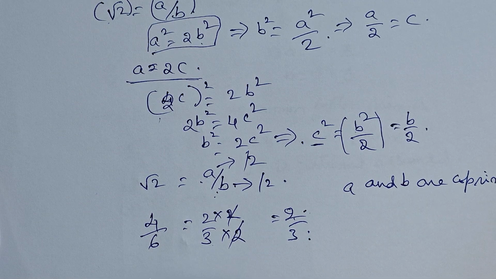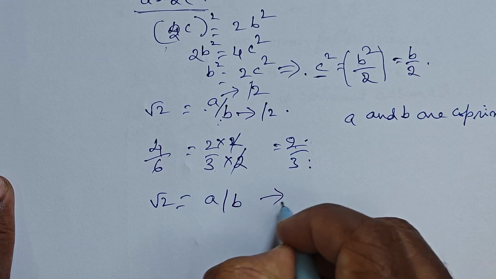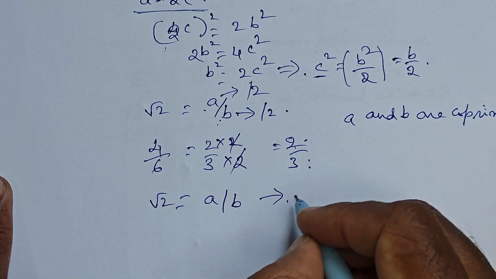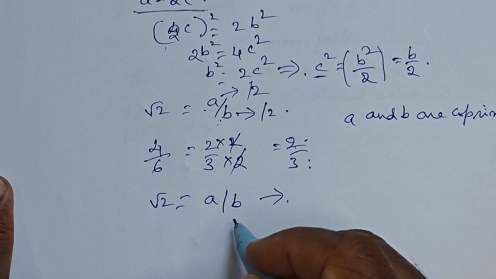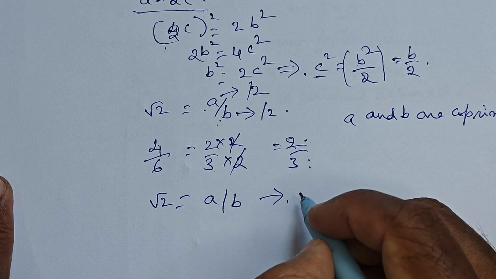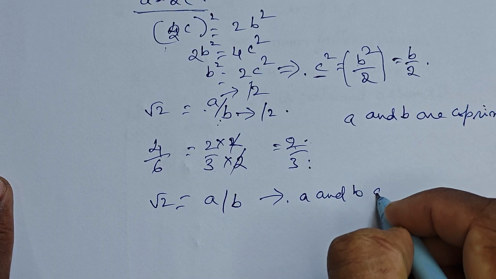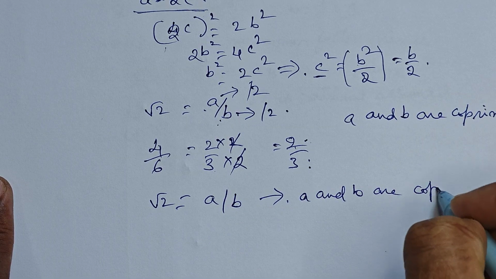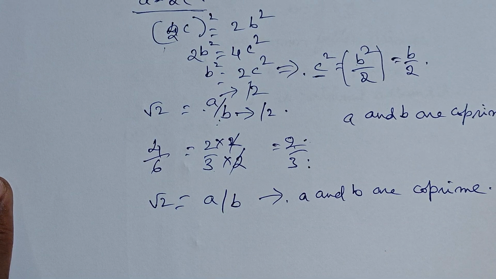So when you are assuming root 2 is equal to a by b, the assumption is that root 2 is rational and I can write it in a by b format in such a way that a and b are co-prime. That means they do not have any common prime factor which I can cancel out.